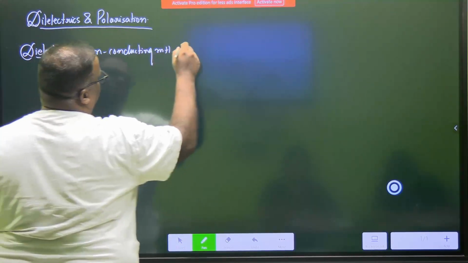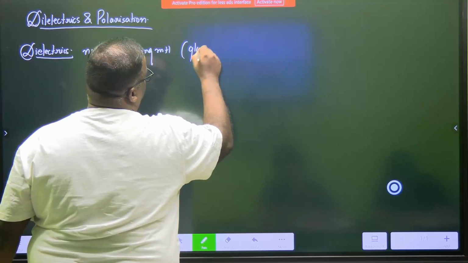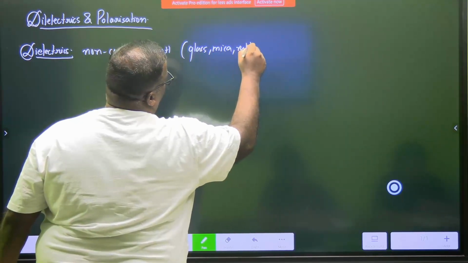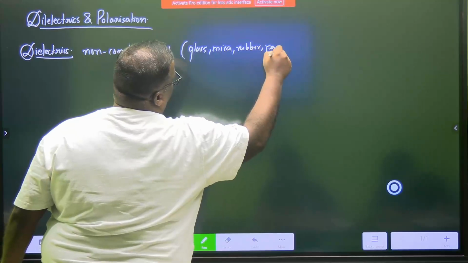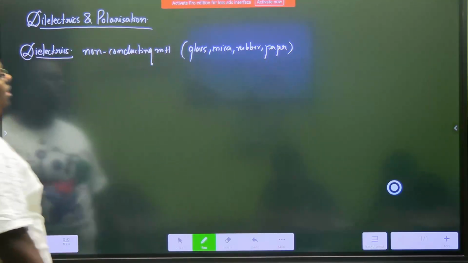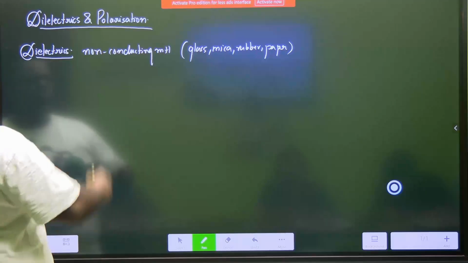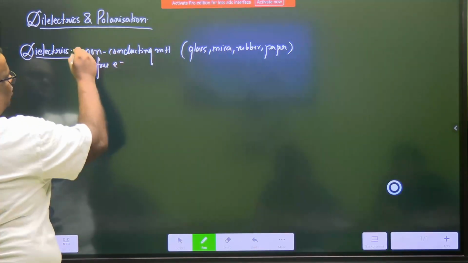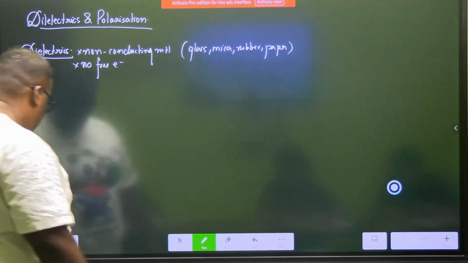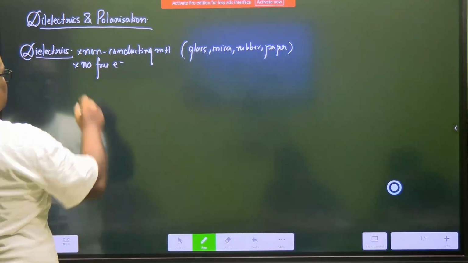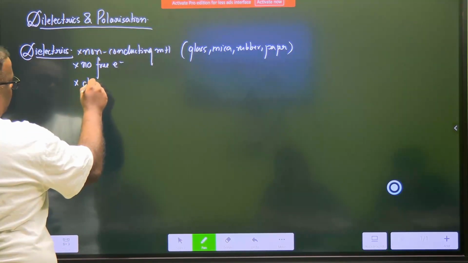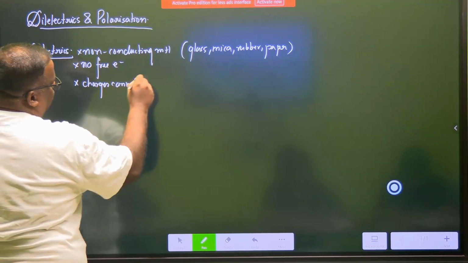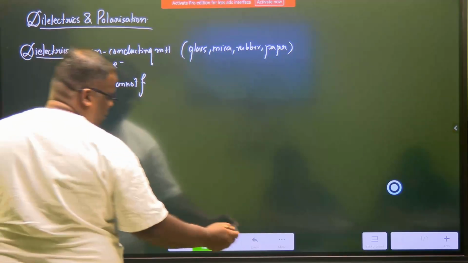Examples can be glass, mica, rubber, paper, etc. These are known as dielectrics. Dielectrics have no free electrons. Keep them as points. Dielectrics have no free electrons, and charges cannot move freely. Obviously, that's why they don't conduct.